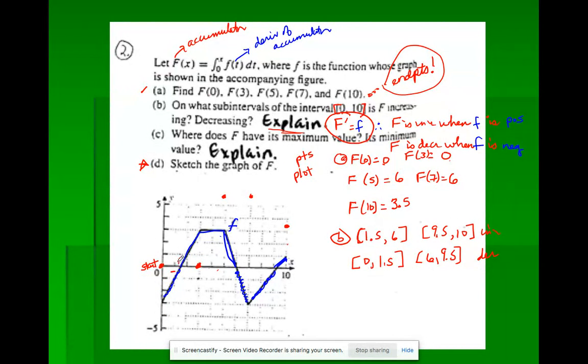The derivative changes from negative to positive. Therefore, the graph I'm going to draw has a minimum. The derivative changes from positive to negative. The graph I'm going to draw has a maximum. At the right endpoint, the derivative is positive, meaning you're increasing to the right endpoint. Here, the derivative is negative. Therefore, you are decreasing from the left endpoint.